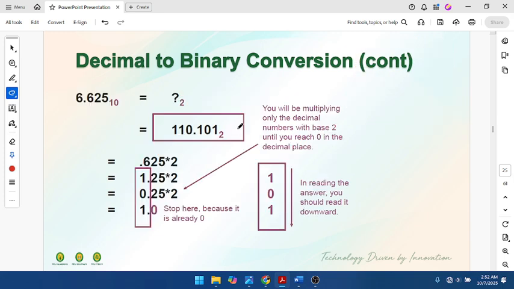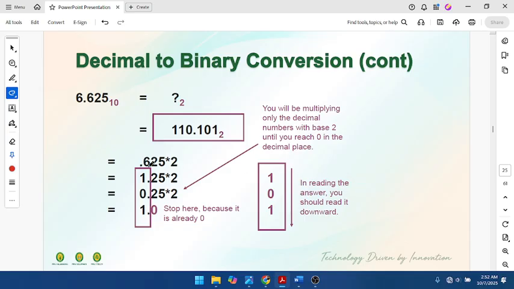Okay? Another, we have 6.625. So una natin kukunin is the whole number. Okay? So paano natin makuha yung whole number? We have 101. Okay? So 101.